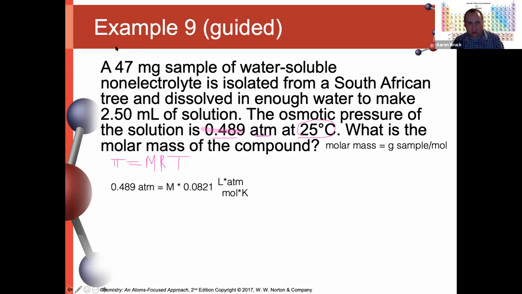And then multiplied again by 25 degrees Celsius, which converted to Kelvin would be 298 Kelvin.